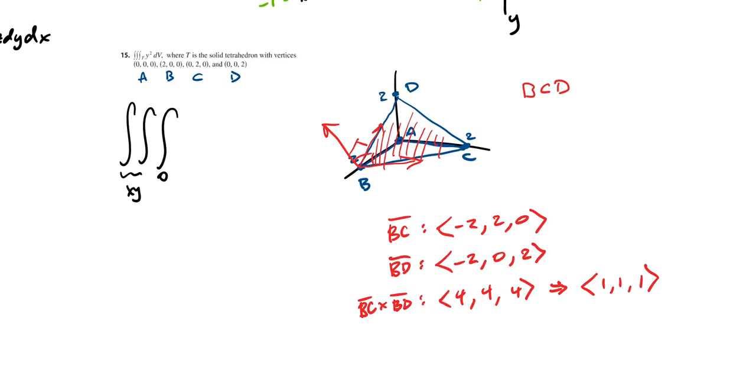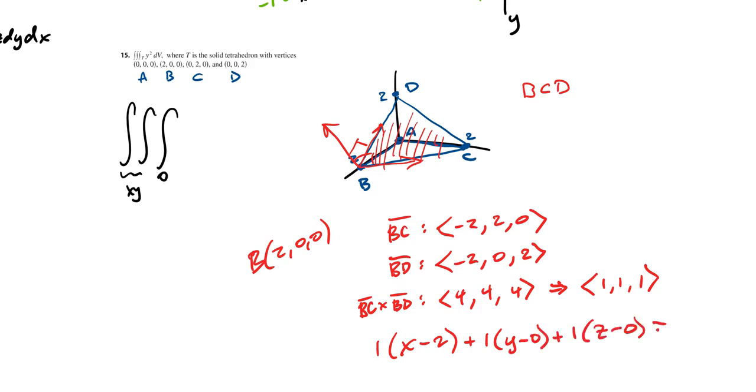And now I use my formula: first one times x minus, and then I pick a point on the plane. I'm going to use B, and B was 2, 0, 0. So 1 times x minus 2, plus 1 times y minus 0, plus 1 times z minus 0 equals 0.